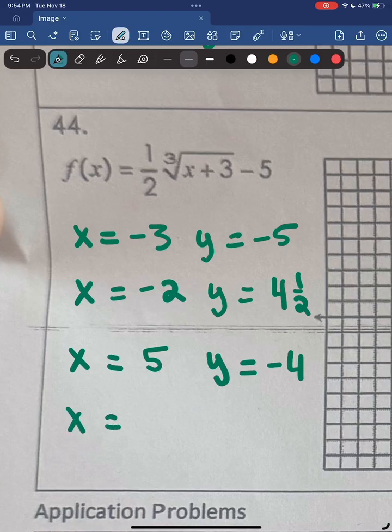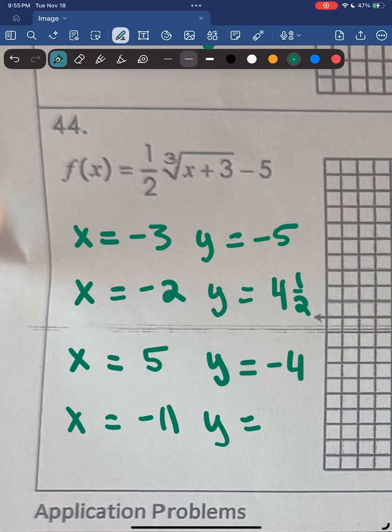What would be -11? So -11 is going to give us -8. The cube root of -8 would be -2, times 1/2 is -1, minus 5 is -6.